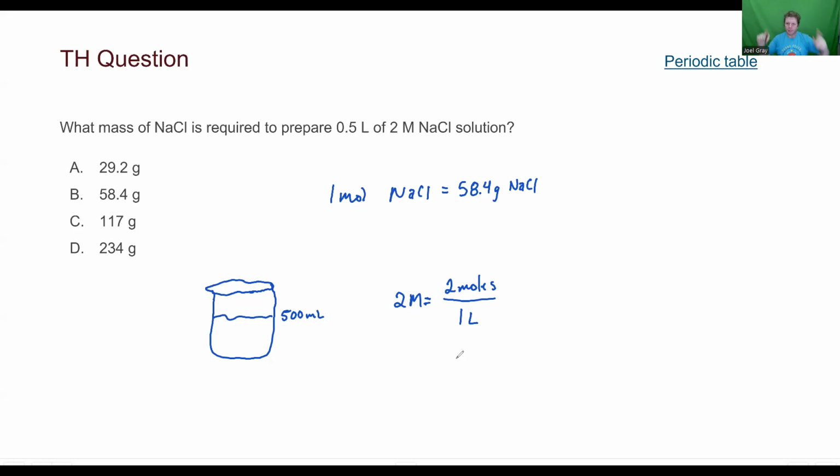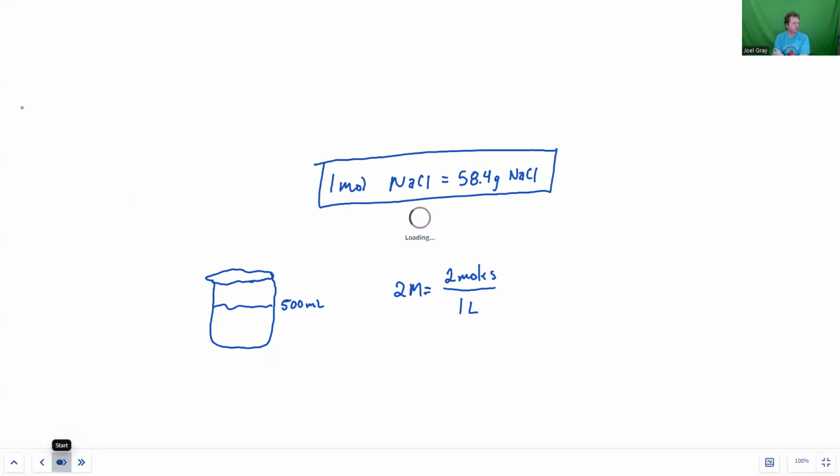Protozoan, perfect. Absolutely, it's 1 mole. Okay, so now my question for you guys is: if this is the number of grams that constitute 1 mole, well, let's do this.